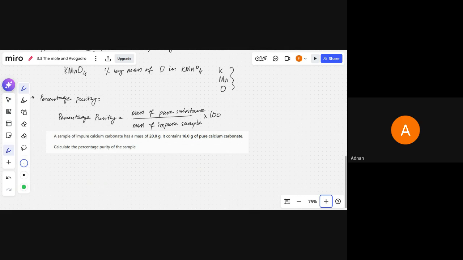Calculate the percentage purity. The formula is given. The mass of pure substance is 16, divided by the mass of impure sample, which is 20, times 100, and it will give you the answer.